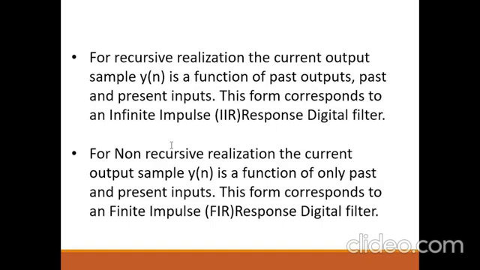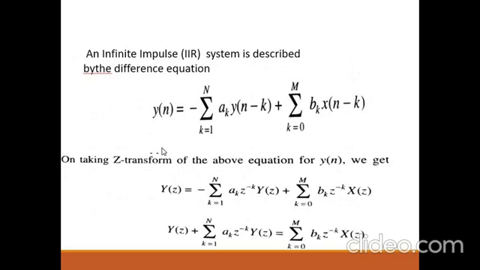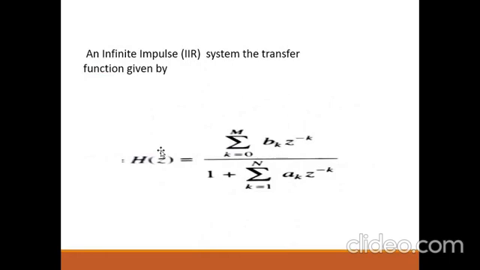And let us prove how we know this from those equations. Let us say this is a small IIR filter, or infinite impulse response system. Now let us take the Z transform of that signal.